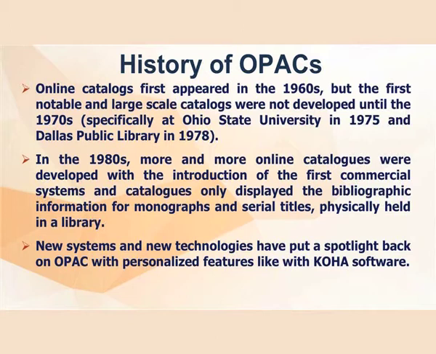In the 1980s, more and more online catalogs were developed with the introduction of the first commercial systems, and catalogs only displayed the bibliographic information for monographs and serial titles physically held in a library. New systems and new technologies have put a spotlight back on OPAC with personalized features, like with the Koha software, which is most popular as of now as far as open source software is concerned.